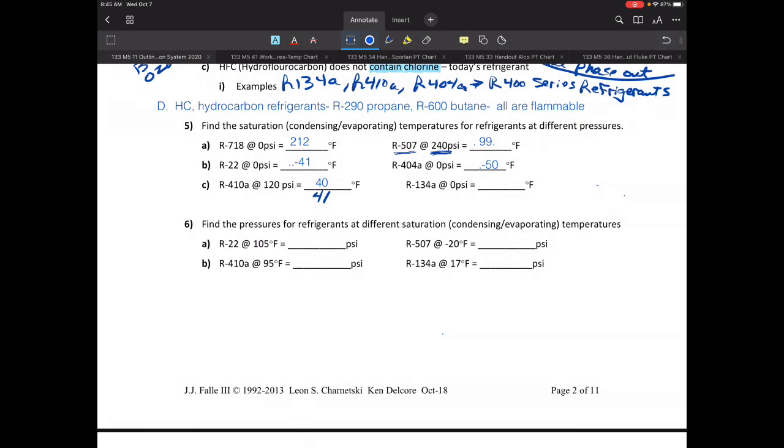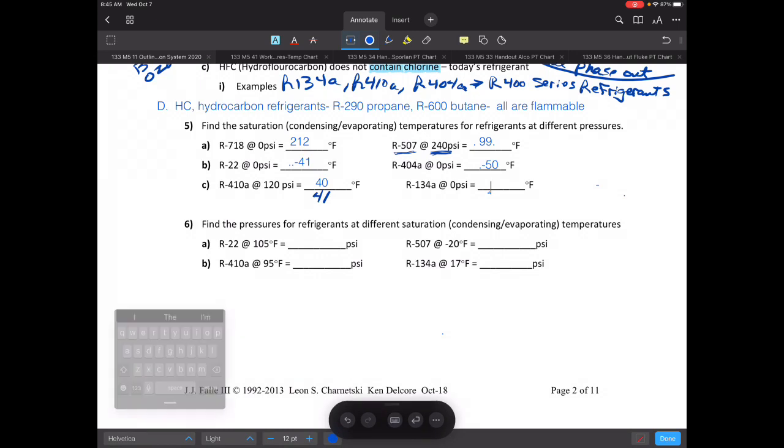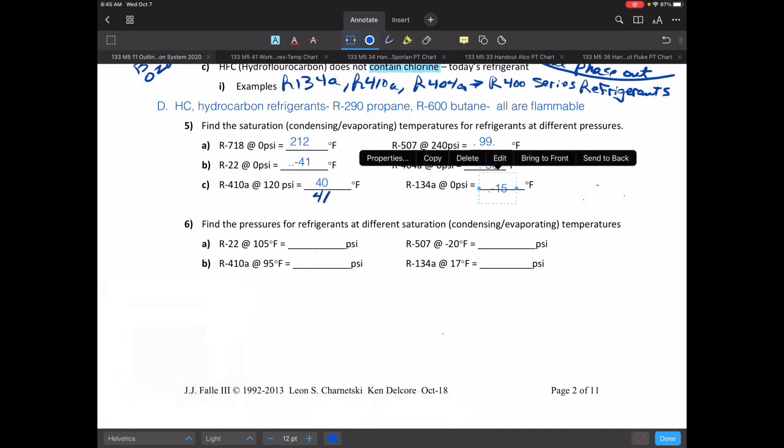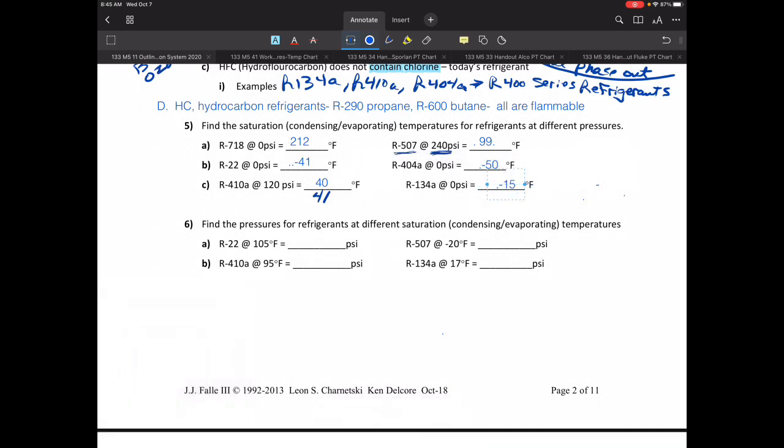Let's try that again. Negative 15. Okay, got it. And minus 15, we'll leave that there.